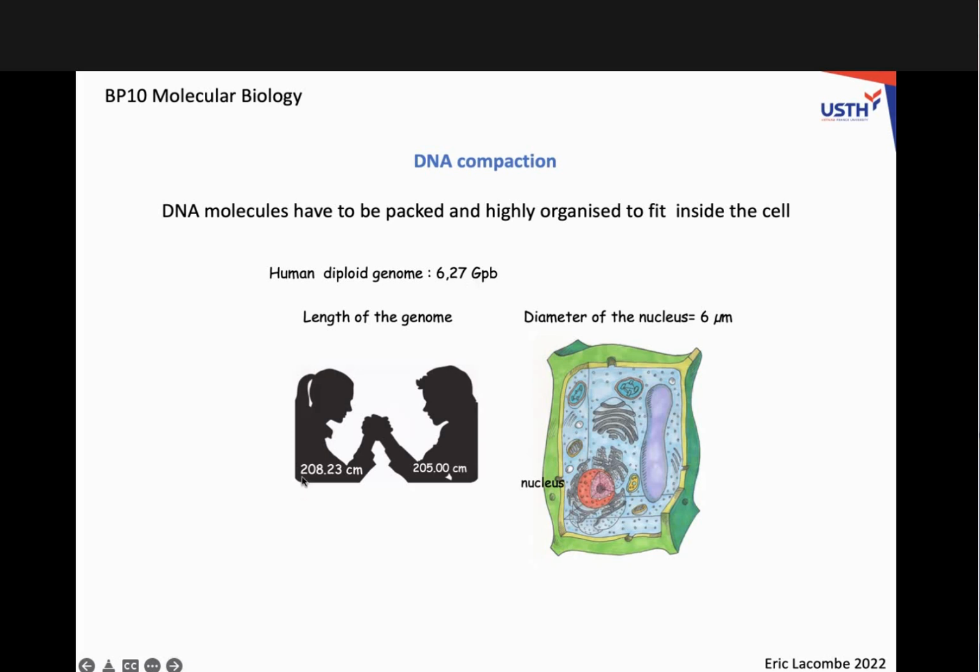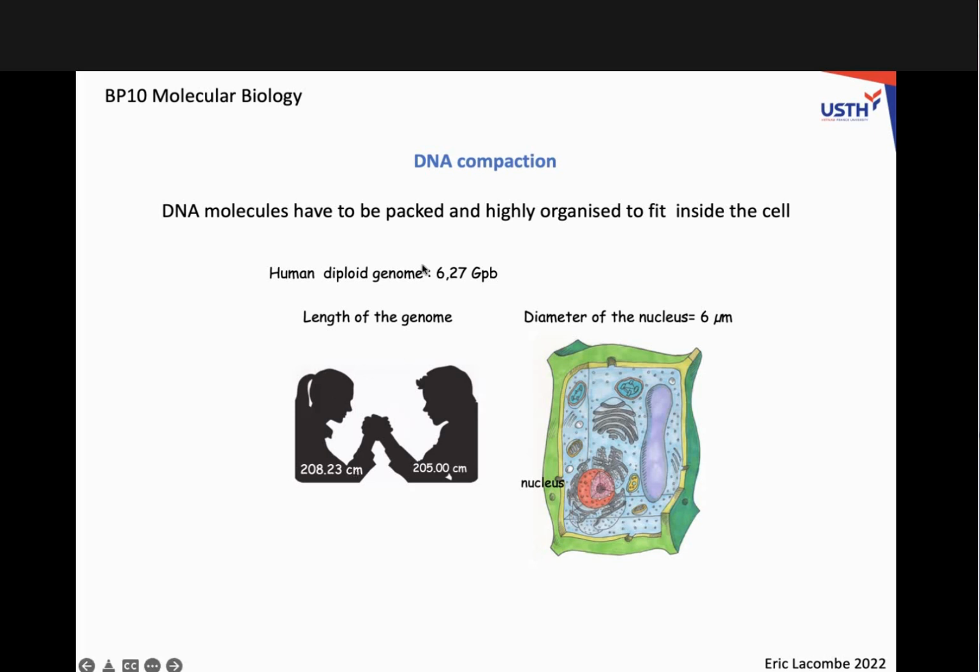It means that if you take the DNA molecules contained in the 22 chromosomes and stretch them out, in humans it represents 2 meters. So in a single cell of your body, your DNA represents 2 meters of DNA sequence.